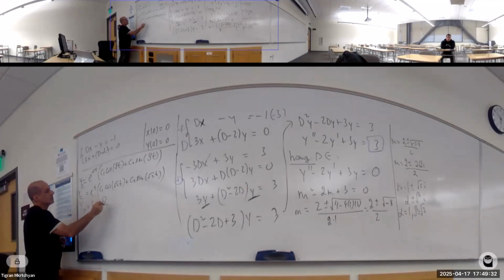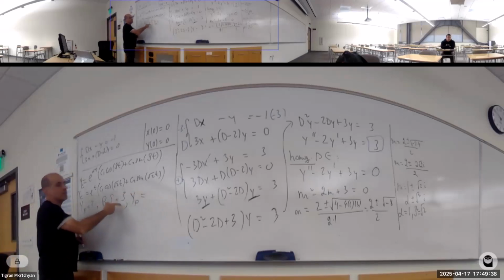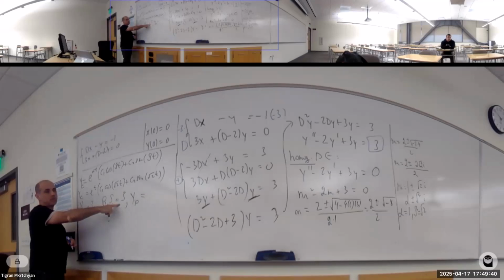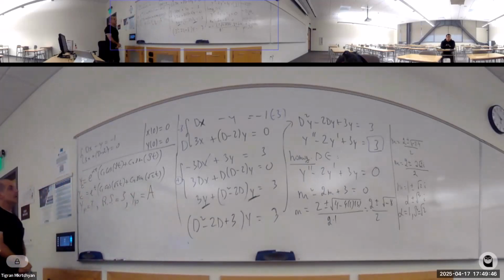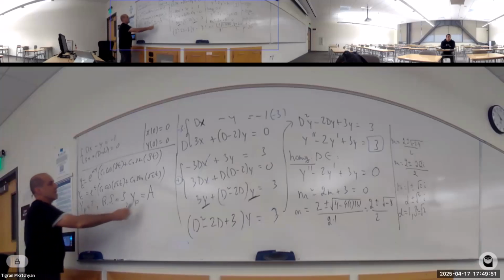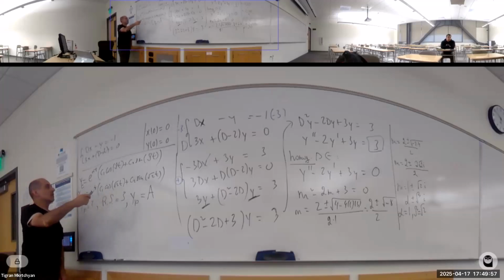For the yp, we look at the right side, which is 3. So the yp will be the most common guess, a number, so we write A. We also have to check that there are no matches. I should have maybe distributed this e to the t.